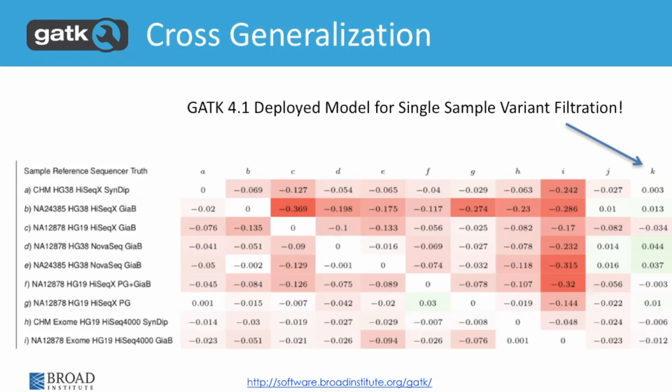For example, whether we train on one reference, or on exome, or on genome, and so on, all these different combinations, where the results are shown here. This is the difference in the ROC curves, and you see most of these values are okay. What we actually use for production is a model trained using the combination of those. It kind of averages out, and we get a really good generalization across different data types. That's the model that would be used if you just ran GATK right now.